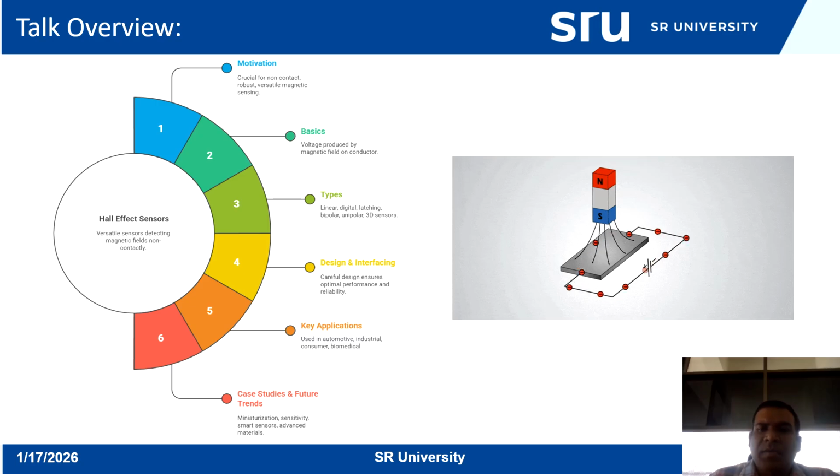Hall sensors are used everywhere in automotive systems like ABS and crankshaft applications, then in motor and industrial automation, mainly in BLDC commutators, then in consumer electronics like smartphones and laptops, then energy systems, inverters, solar charge controllers, many more applications like that, and also in robotics and medical devices.